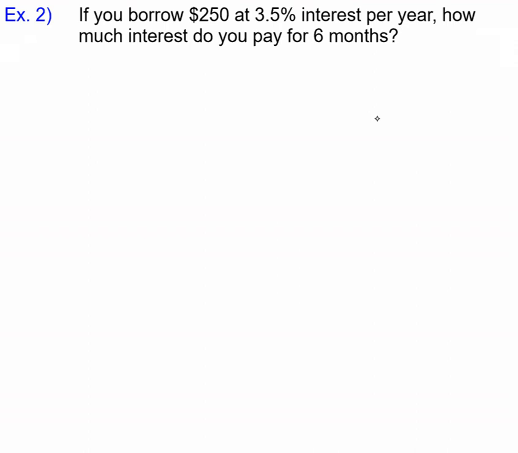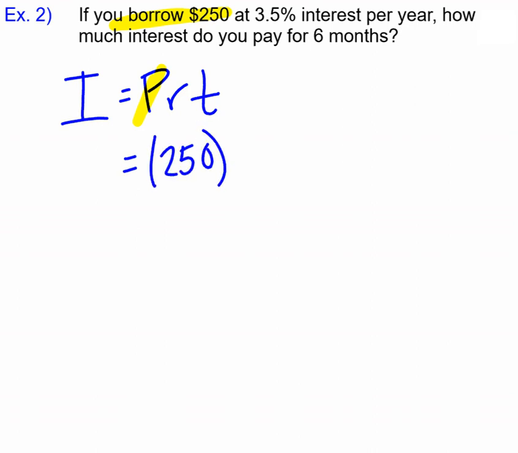Here it says, if you borrow $250 at 3.5% interest per year, how much interest do you pay for 6 months? Once again, we're going to use our formula of I equals PRT. Here's the principal: I'm going to borrow $250, so in the P spot I drop 250.